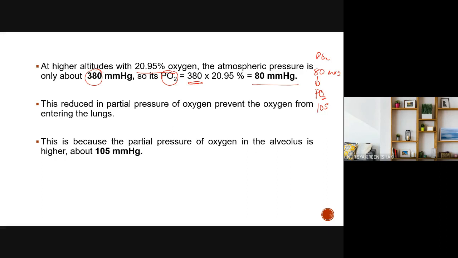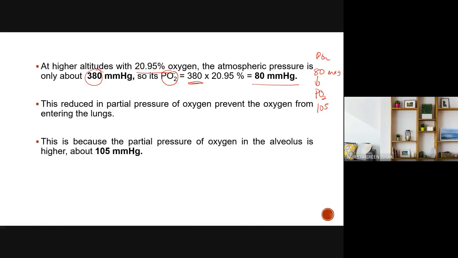Tapi badan awak boleh adapt. Okay, boleh adapt dengan cara nanti kita tengok later in this slide. Okay, ada cara dia. Okay, you will have to breathe more heavily, kan? So this reduction in partial pressure of oxygen prevents the oxygen from entering the lungs. Okay, so this is because the partial pressure of oxygen in the alveolus is higher, which is 105 millimeter mercury.